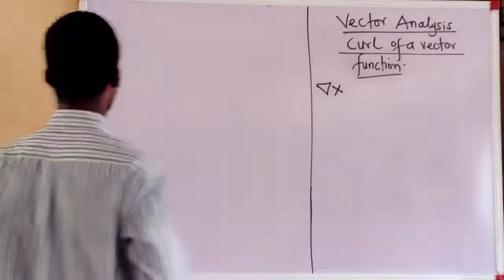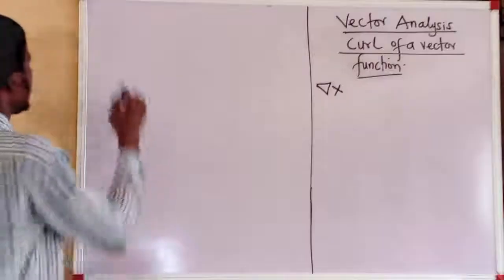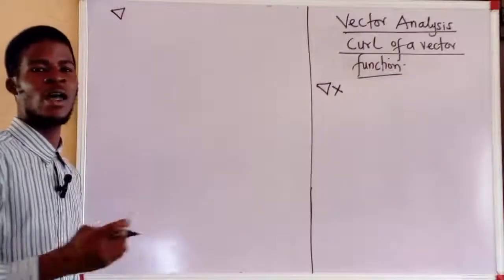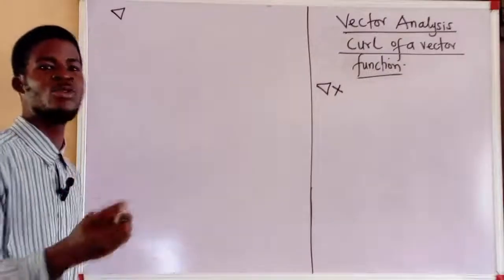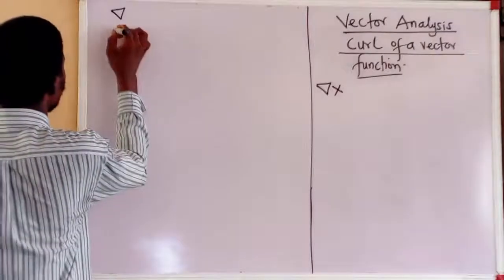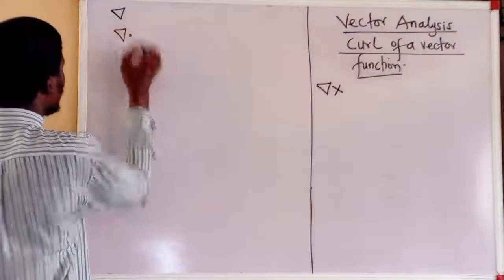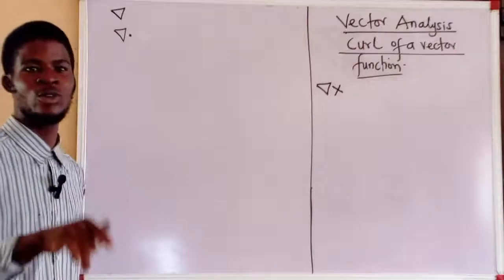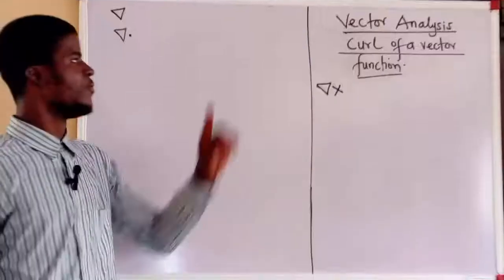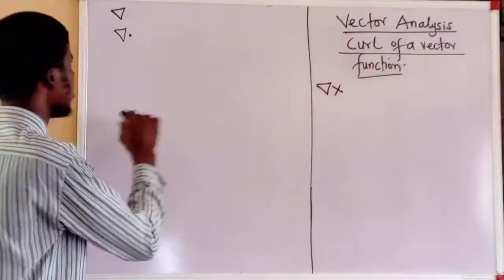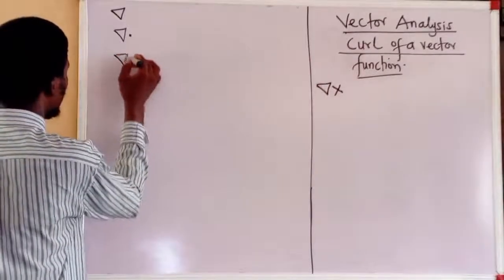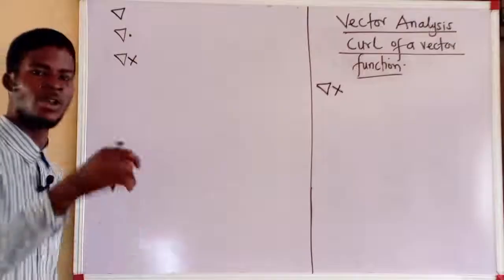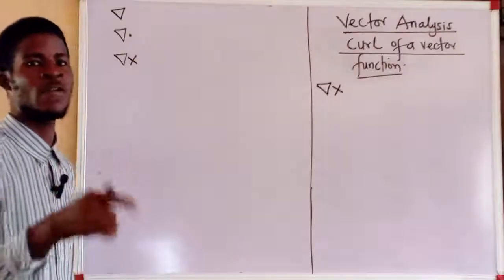Remember, for the gradient of a scalar field, the grad operator will act on a scalar and produce a vector. The divergence operation will act on a vector and produce a scalar. But for the curl operator, it will act on a vector and produce another vector.